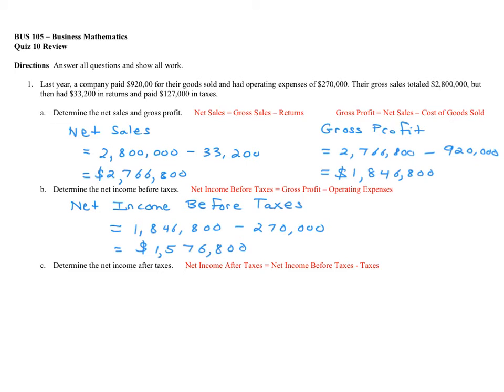And lastly, the final consideration for part C is, what's the net income after taxes? The only thing that we have not adjusted this value for is this number here. So we'll subtract off this to get our final answer. That is net income after taxes.